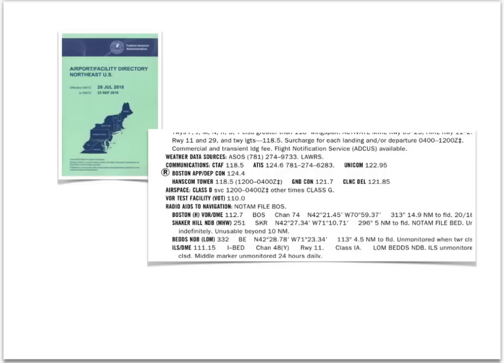And look up an airport near your location and look for this: the letter R with a circle around it. That means that on this frequency of 124.4, that provides radar coverage and services. Remember, radar services and coverage are usually based on a minimum altitude, so be sure that you're high enough to get this frequency and so that they can see you.